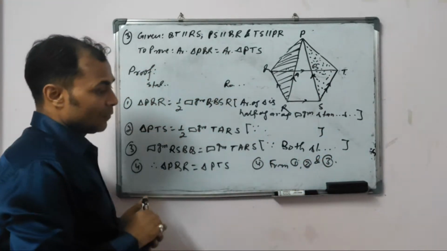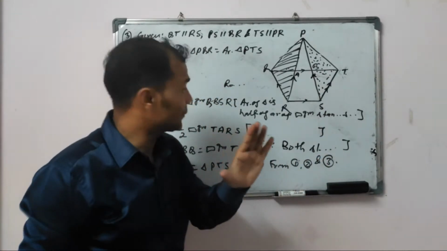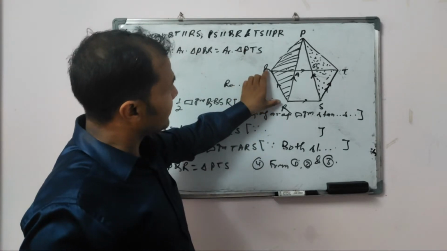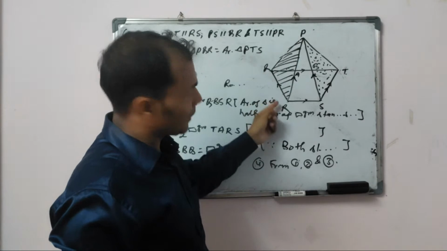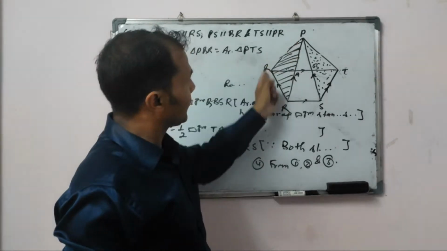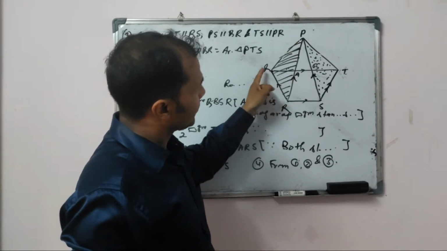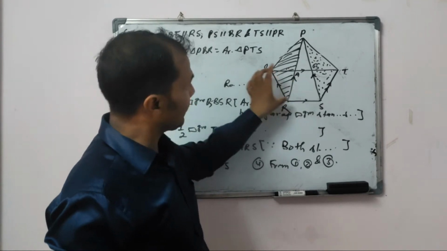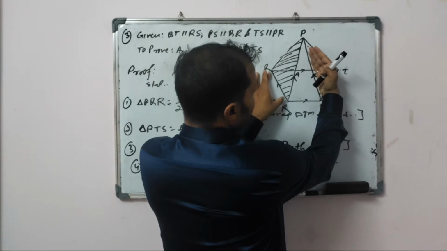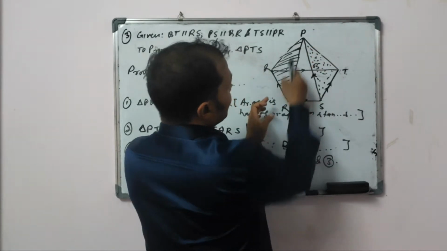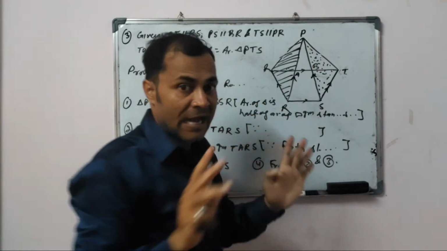So for that, the very first step is, on this base, here stands one triangle, this one, PQR, and parallelogram QRSB, on this same base and between these lines. So this triangle will be half of this parallelogram.